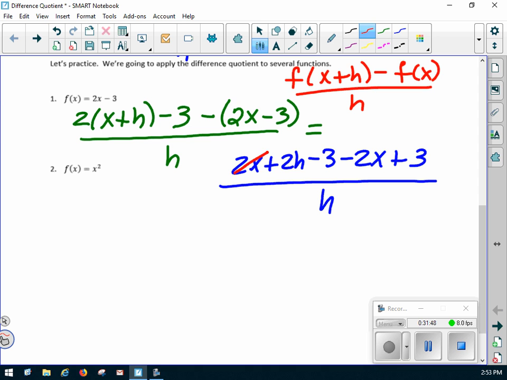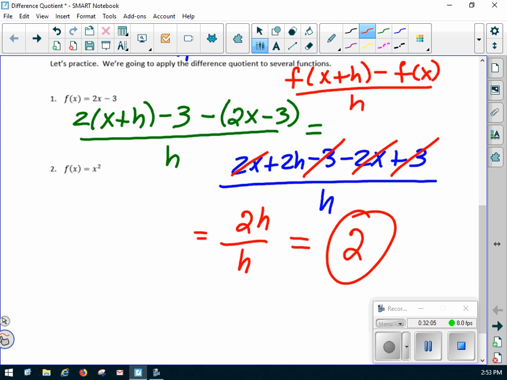Now, folks, at this step right here, if you don't have stuff that adds up to give you 0, you have made a mistake. So this is 2h over h, which is 2. That's it. Done. So, what did you just find?